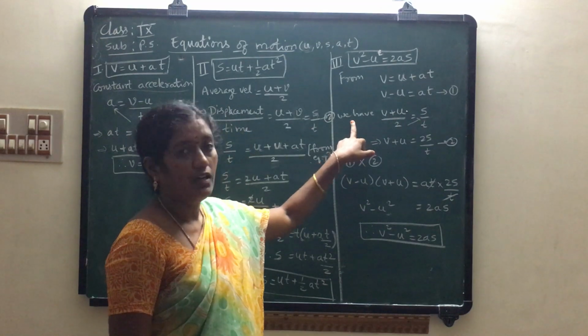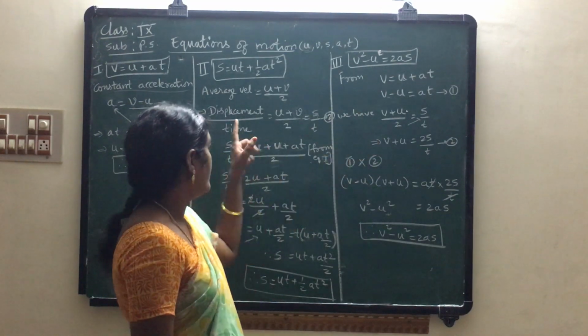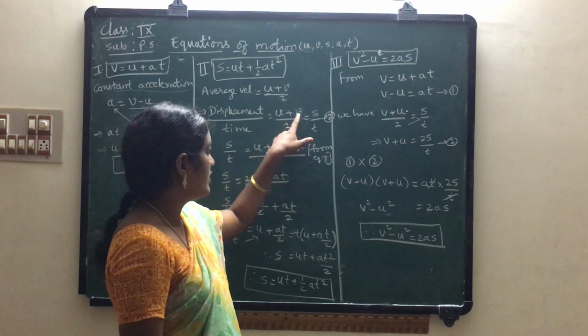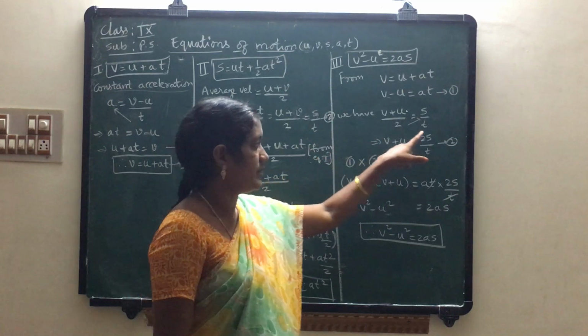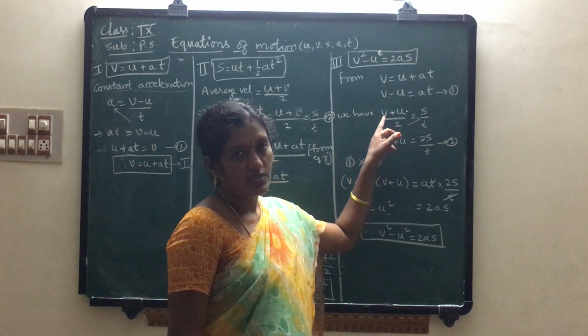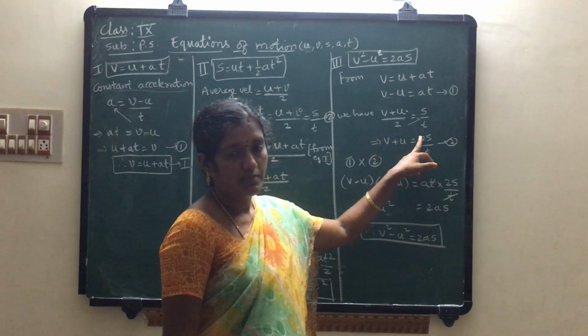Now what do we have from the second equation of motion? Average velocity. See children, average velocity is equal to (u plus v) by 2, which is equal to s by t, because average velocity is displacement by time.